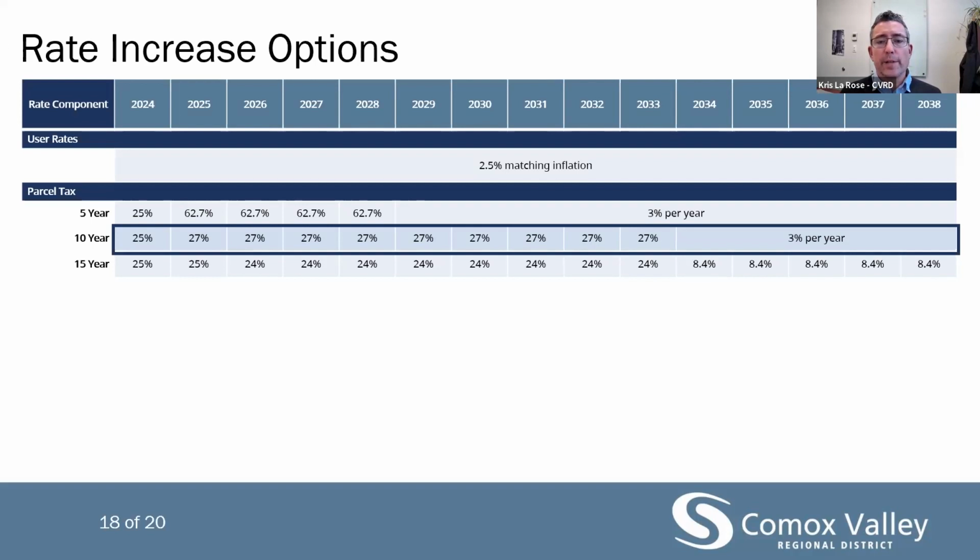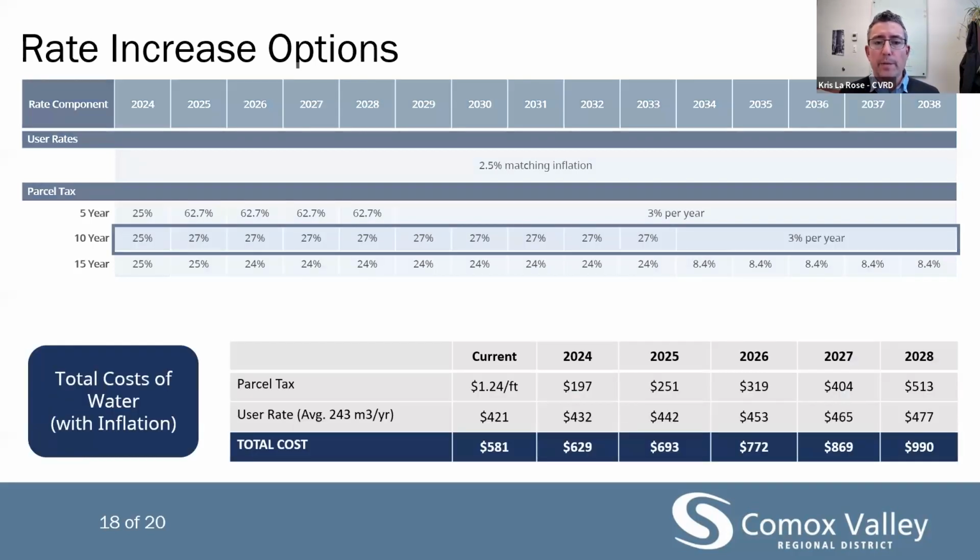So what does that look like for the average Black Creek Oyster Bay ratepayer? Again, it'll depend on how much water you use, but we provided this estimate based on the average water user who uses about 243 cubic meters per year. So currently for frontage fee, the fee would be $1.24 per foot, and user rates would be $421 for the average frontage and average user. This works out to about $581 per year.